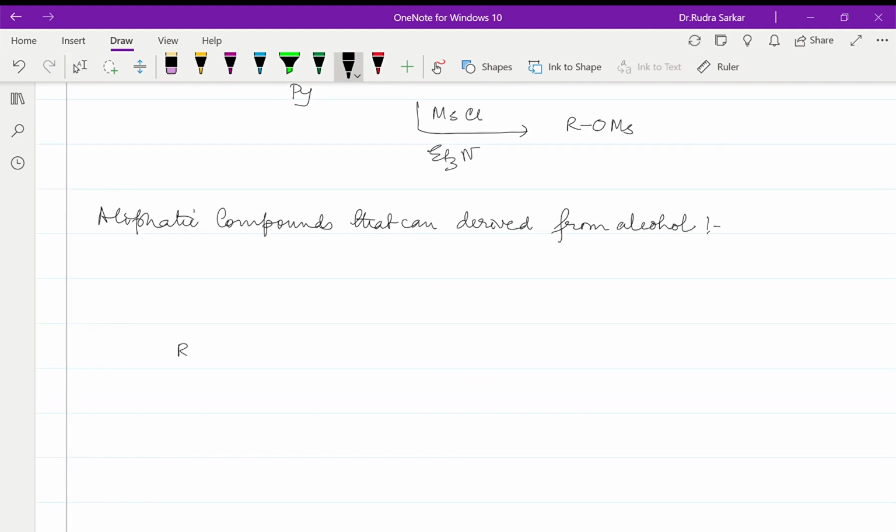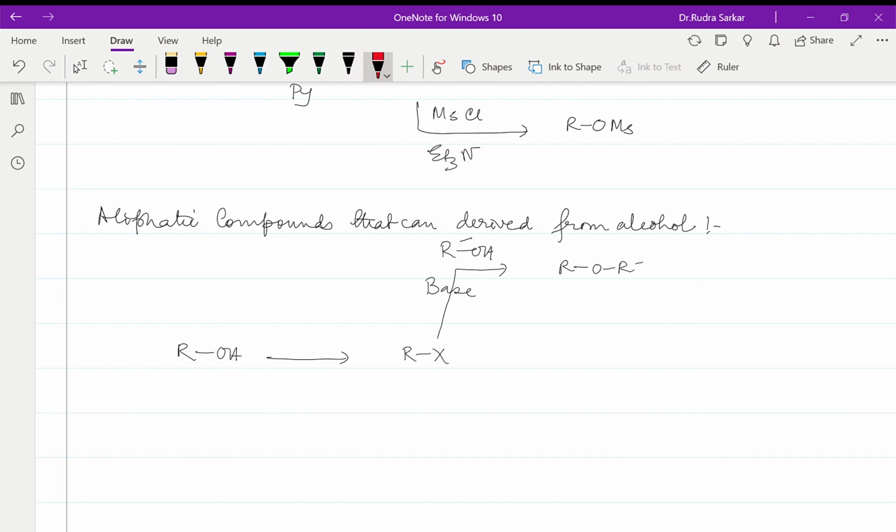If you convert ROH either to RBr or ROTs or ROMs, I am collectively writing this as RX. Now this RX, where X is a very good leaving group, in presence of another alcohol and base will undergo Williamson ether synthesis to produce ether.